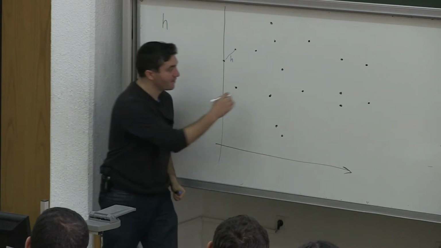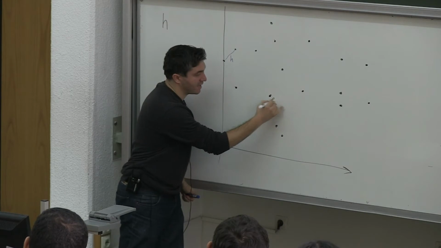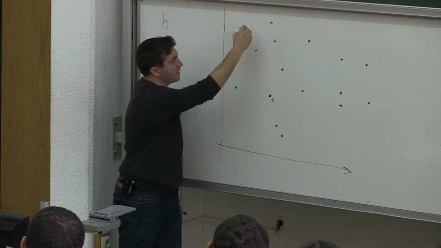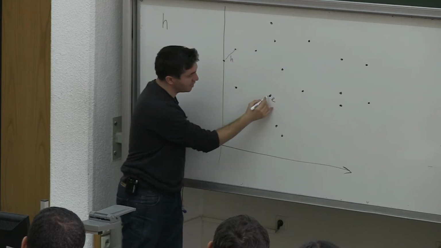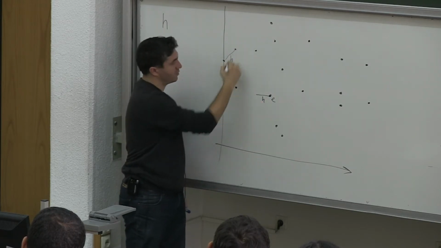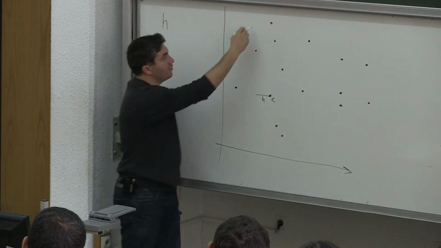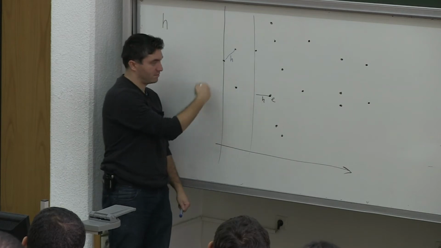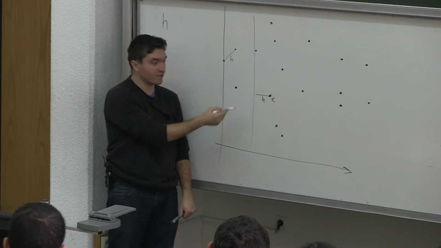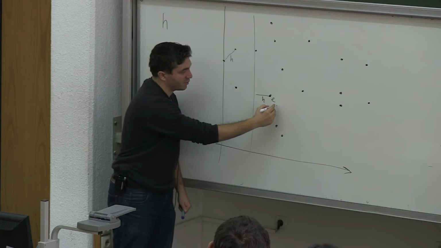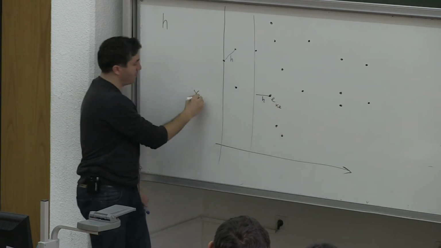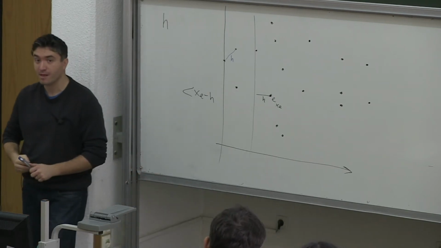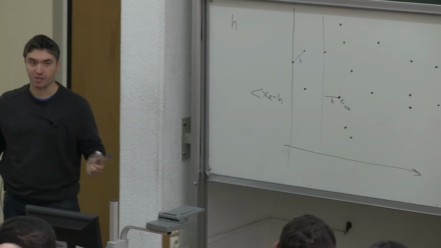For example, if currently I'm here, this is my new event point, and this is h, the current minimum, I don't need to inspect any point that has x coordinate smaller than x_e minus h, because it cannot be closer to this point.